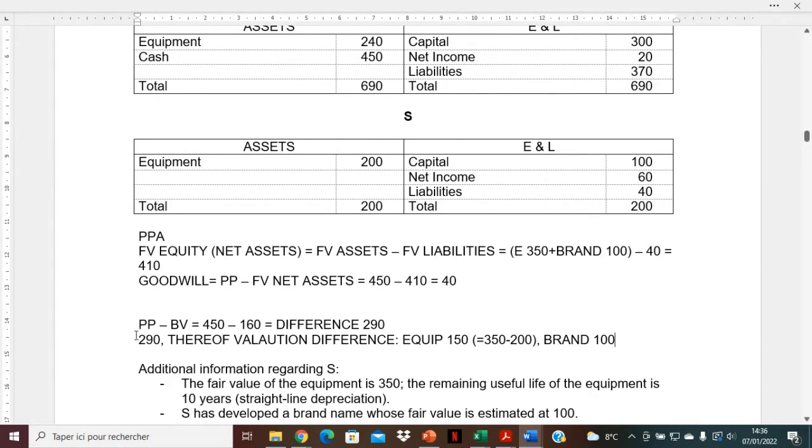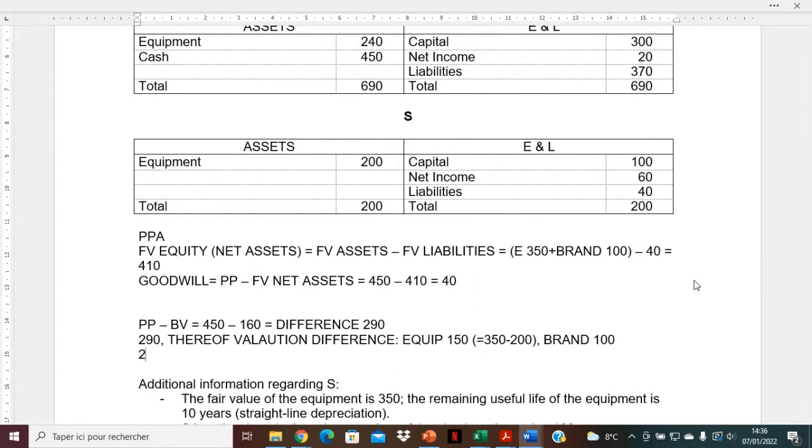So I have a total valuation difference of 290: 150 is explained by the equipment, 100 is explained by the brand name. There is nothing else. That means there is a remaining difference of 40. And this remaining difference, since it cannot be explained by valuation difference, is goodwill.